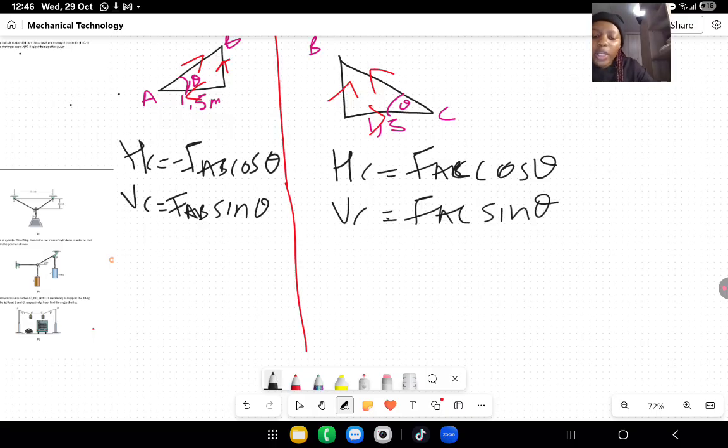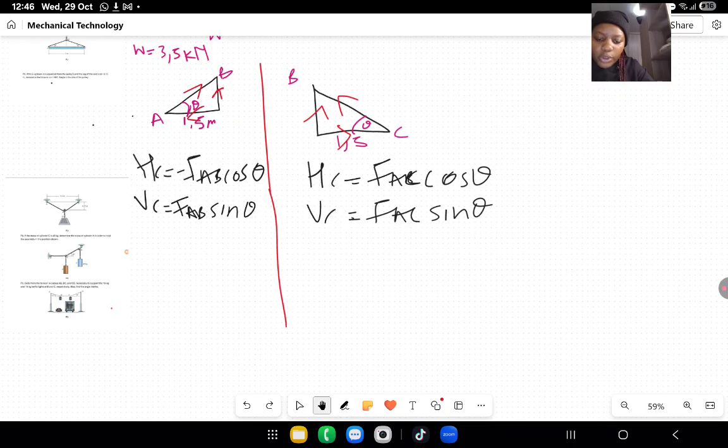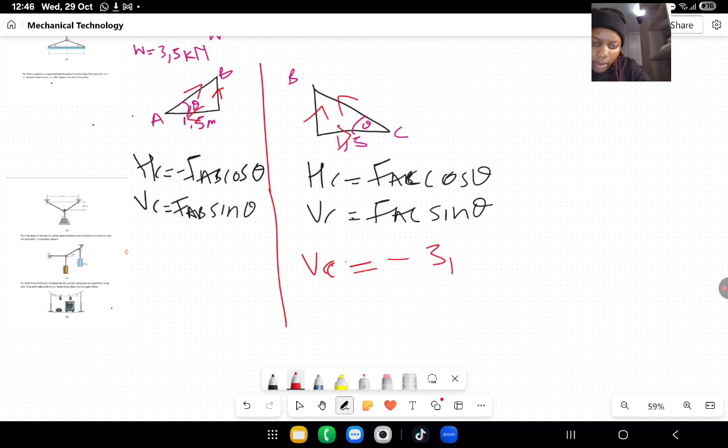So we also have a weight, the weight they give us here. The weight is always going down, so it will be negative. We'll write it somewhere here: vertical equals minus 3.5 times 10 to the power 3 newtons.